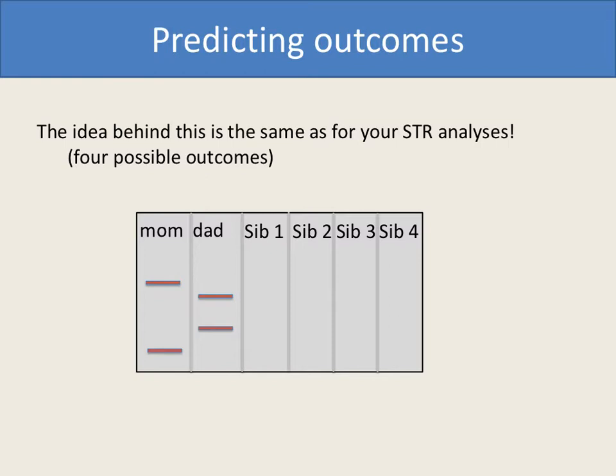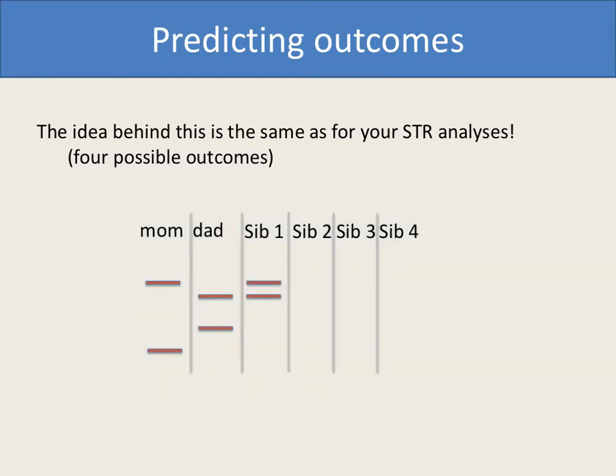The 4 possible outcomes, of course, are this, and this, and this, and this. And those are the 4 possible outcomes. Okay.